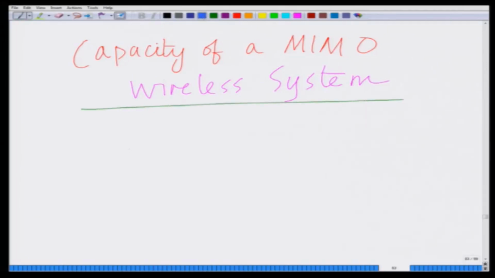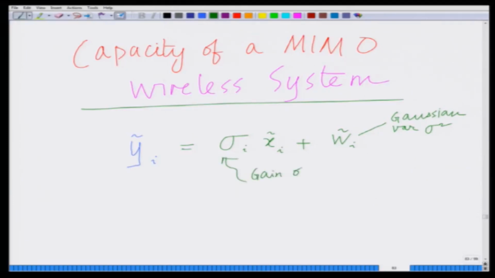We said in a MIMO wireless system I have y tilde i equals sigma i x tilde i plus w tilde i, where w tilde i is the Gaussian noise of variance sigma square, sigma i is the gain of the ith channel, and x tilde i is the transmitted symbol.